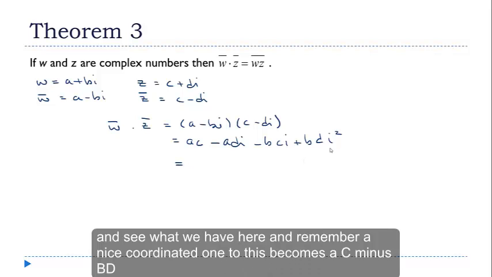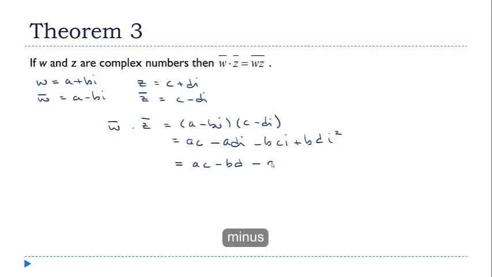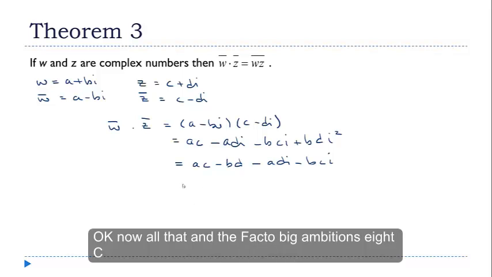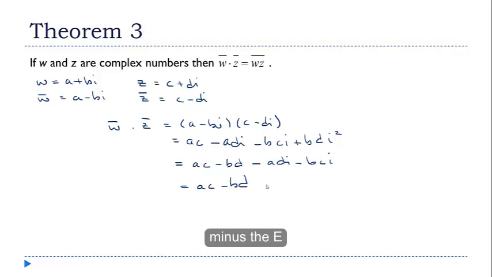Remember, I squared is -1, so this becomes AC minus BD minus ADI minus BCI. Okay, now let me factor a little bit again. This is AC minus BD minus I times AD plus BC.